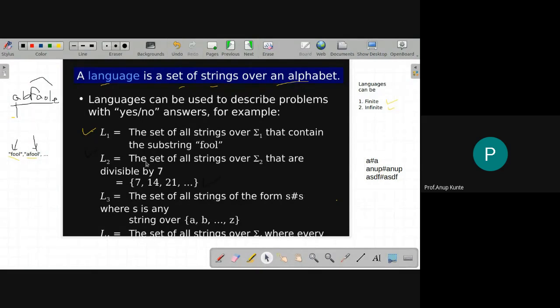So what it means is the starting substring is referred to as the prefix. So this part of the string is generally referred to as prefix, right? If you know a little bit of English, you know what this is called. It is referred to as prefix. Okay. And what is this part referred to as? This part is referred to as postfix or suffix.